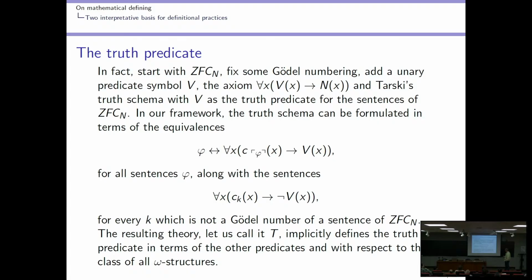The resulting theory, let us call it T, implicitly defines the truth predicate in terms of the other predicates, with respect to the class of all omega structures. This is the case because we don't have non-standard numbers. So that's the problem of undefinability.